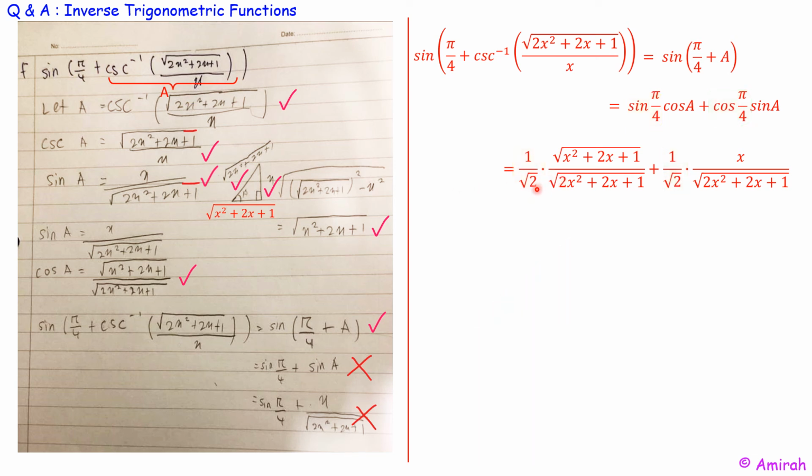Alright, from here, we can solve multiplication first. Okay? If we have fraction multiply by fraction, we just multiply straight. Okay? We multiply numerator by numerator and we multiply denominator by denominator. So, we get this. Okay? 1 times sec this one.